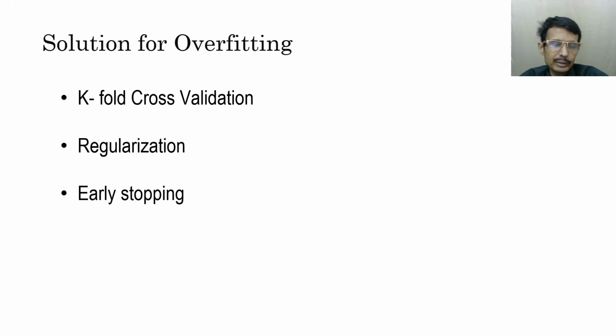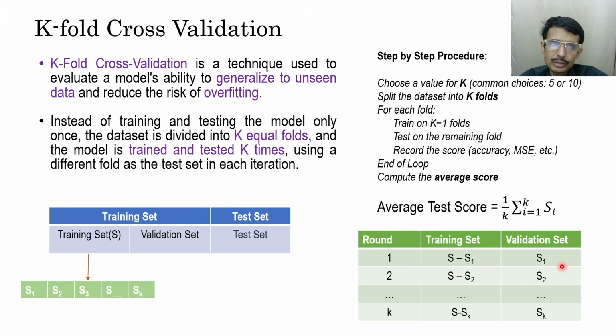Now we are going to understand the solutions if overfitting occurs, or what we can do to prevent overfitting. Three different solutions we're going to discuss here: k-fold cross validation, regularization, and early stopping. First of all, what is k-fold cross validation? As we know, there are two splits, a training set and a testing set.